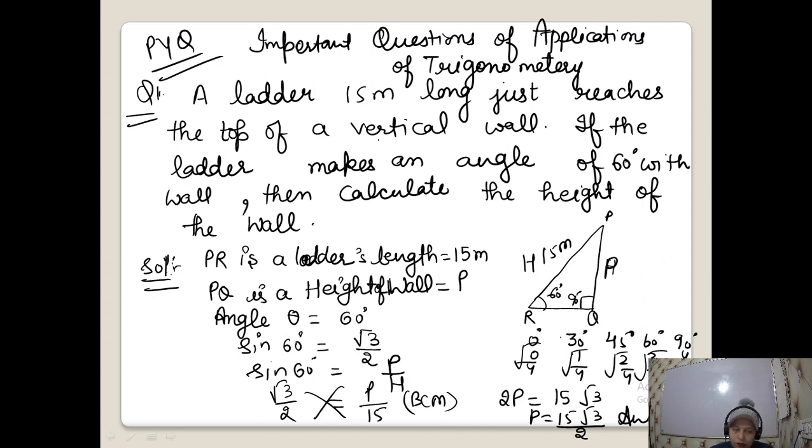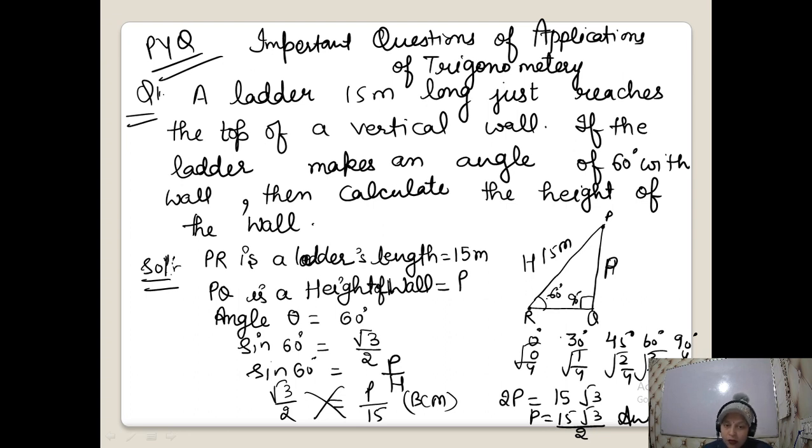Now you have to see this question very carefully. The ladder is here, and it makes an angle of 60 degree with the wall. First of all, you have to find out what formula will be used for solving any application of trigonometry.